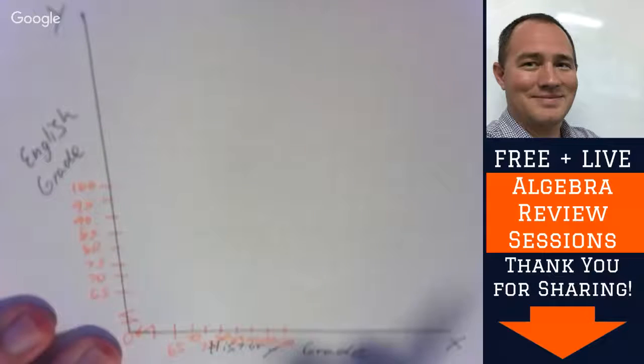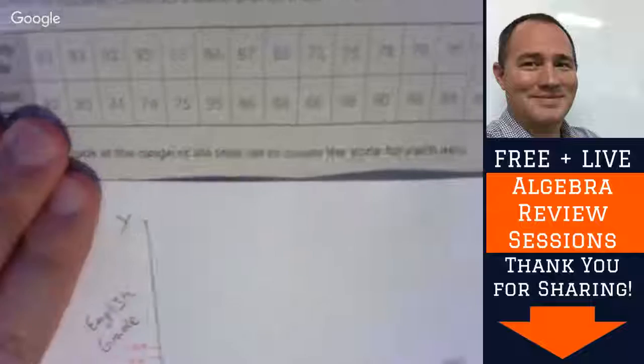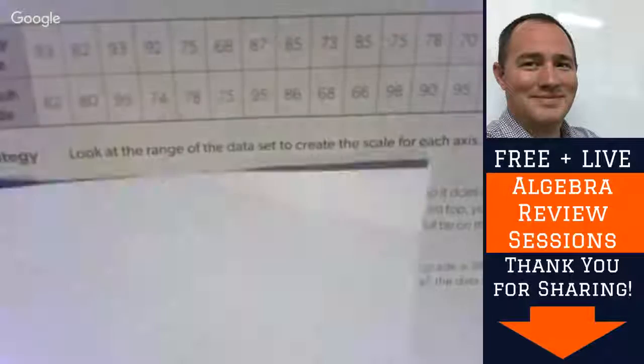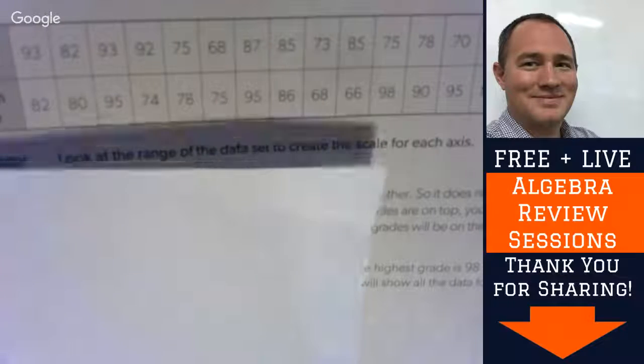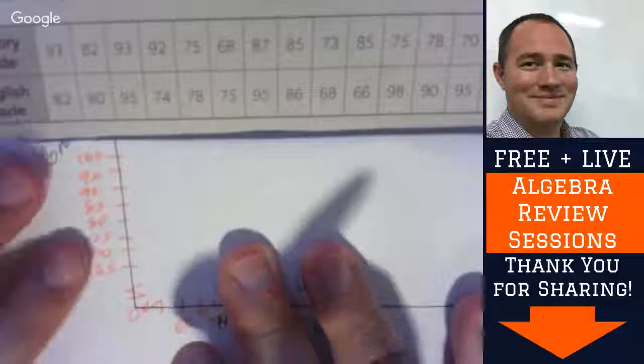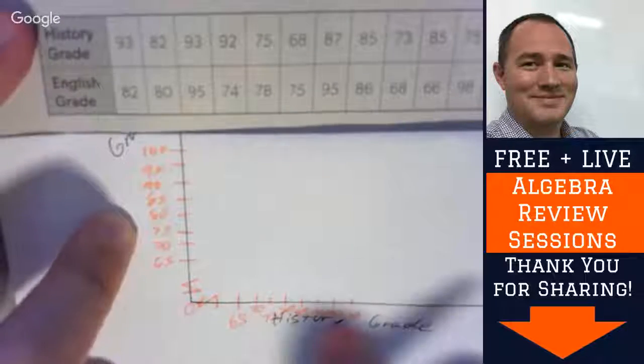Okay, now we're looking at the data up here. Let's see if I can maybe even fold this over so we can get it all to fit on the camera for us. Okay, so history is here.